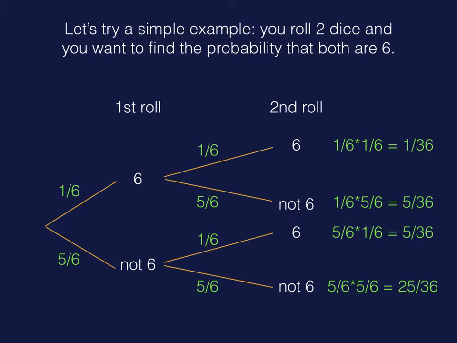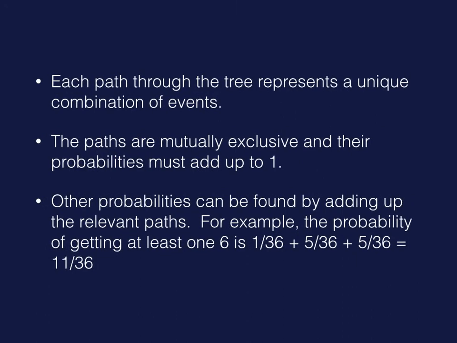So I want to say some things about this tree. There are 4 paths through that tree, and they all represent mutually exclusive, unique combinations of events. Because they're mutually exclusive, the probabilities will add up to 1. And if you are considering an event that covers multiple paths, you can just simply add them up.